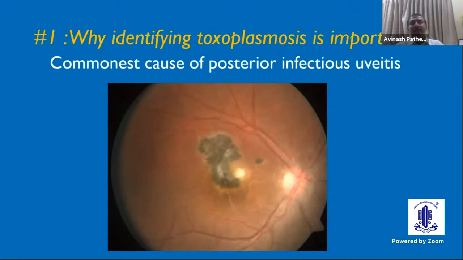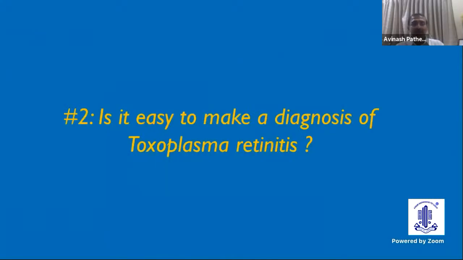Because it's the commonest cause of infectious posterior uveitis. Though 90% of uveitis is non-infectious and 10% is infectious, in those 10%, the commonest cause is toxoplasmosis. So in our lifetime, when we have a practice, there's no way we can escape toxoplasmosis in any form. With that positive note, let's move on to the second point.